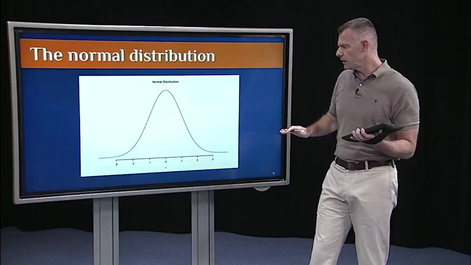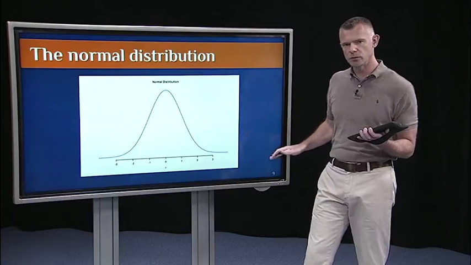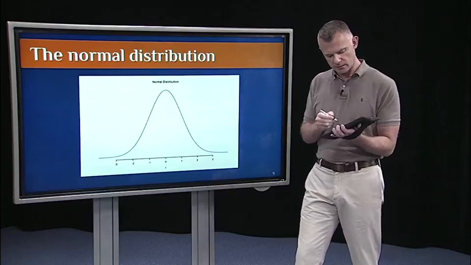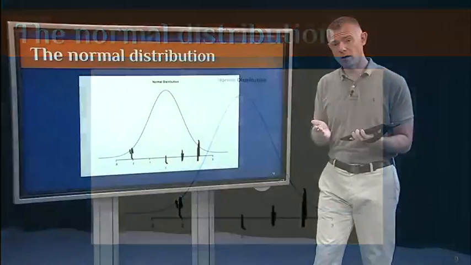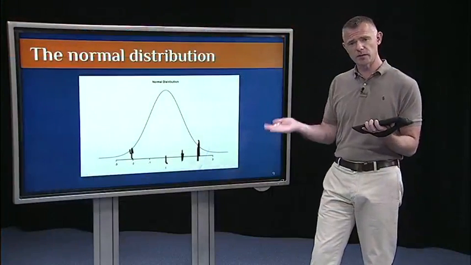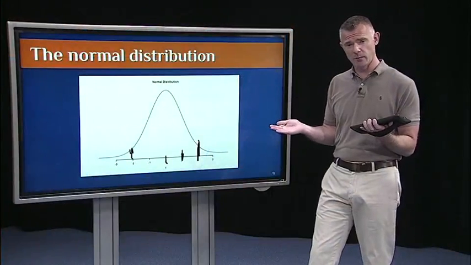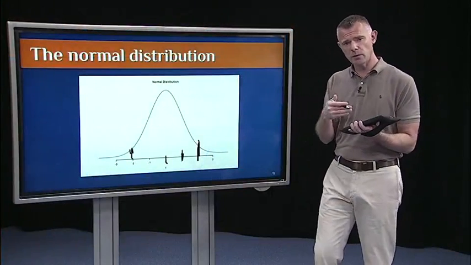But if it's perfectly normal, then we know the properties of the distribution. So here is a perfectly normal distribution, again standardized, so the mean is 0. 1 standard deviation falls about here, and 2 standard deviations is out here, and 2 standard deviations below the mean down here. A couple of things to notice about this perfectly normal distribution. One, it's symmetrical, so 50% of the distribution falls above the mean, 50% falls below the mean.